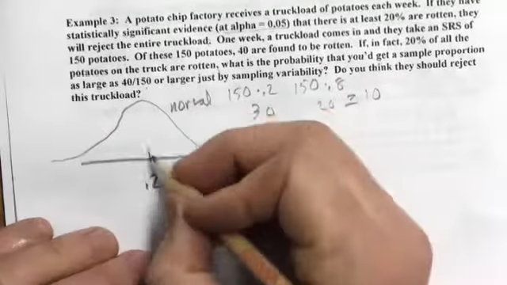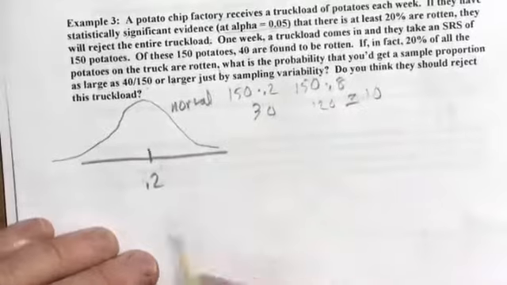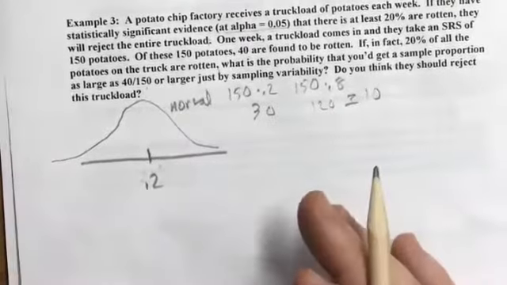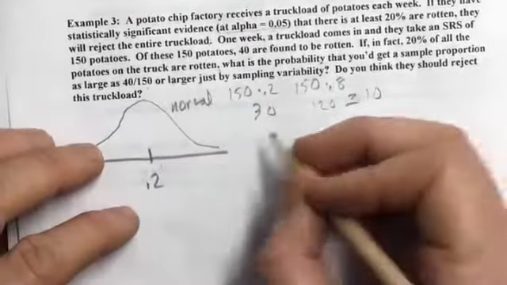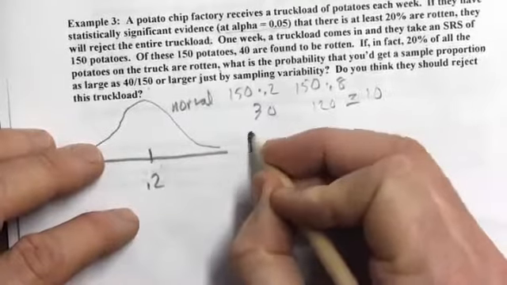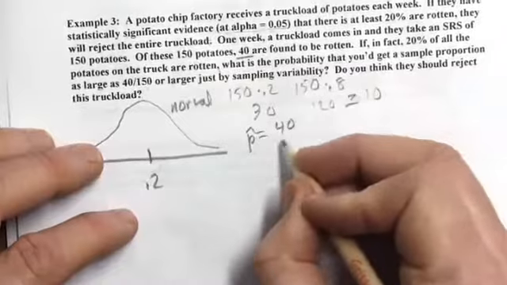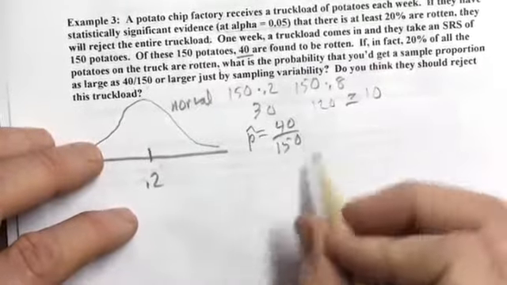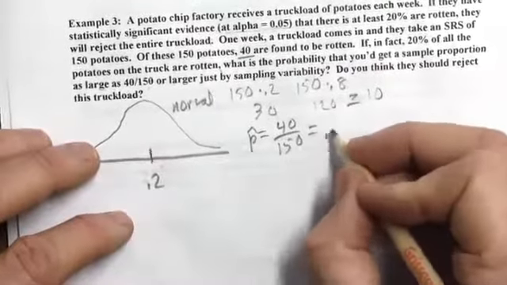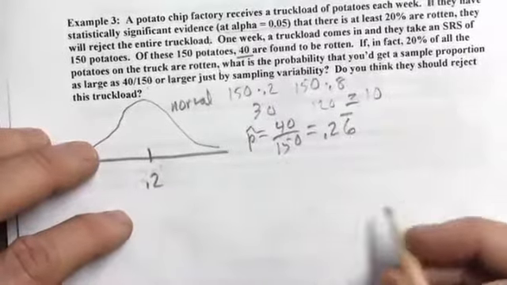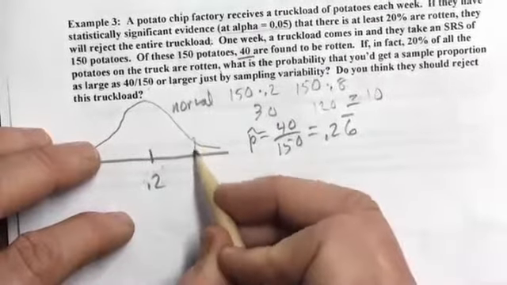And so there are all the possible values of p hat whenever we take a sample. Our specific p hat that we get is 40 out of 150, which is equal to 0.26 repeating. So 0.26 repeating is up here somewhere.